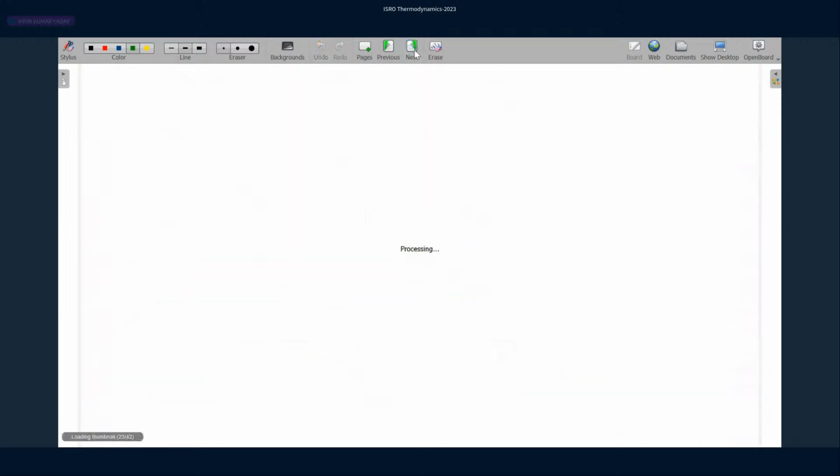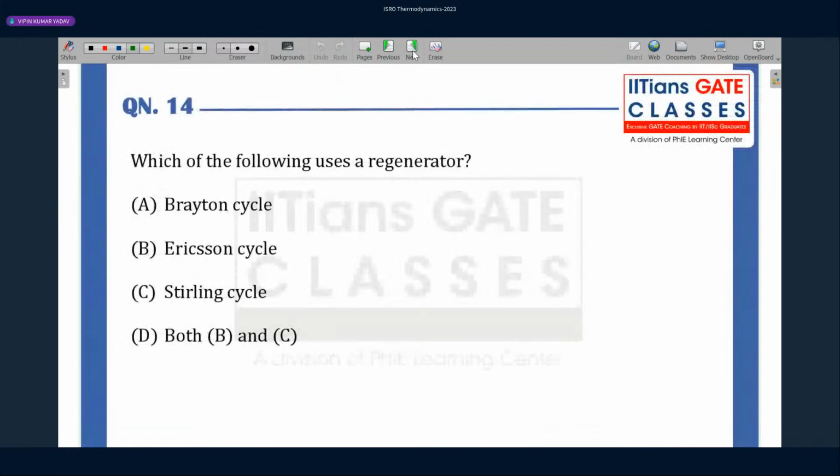Now, next question. Which of the following uses a regenerator? This is very simple. The Brayton cycle is basically a gas cycle, and we do not use a regenerator here. What is a regenerator? A regenerator is basically a storage device. There are matrices here with very high thermal conductivity.